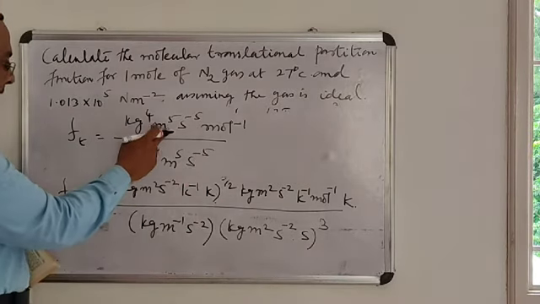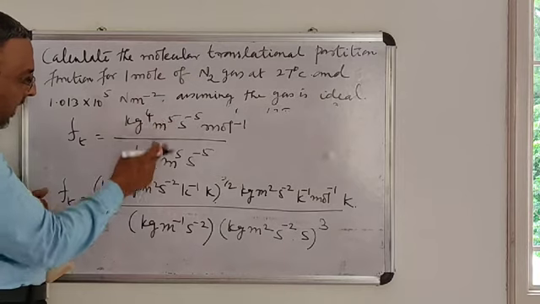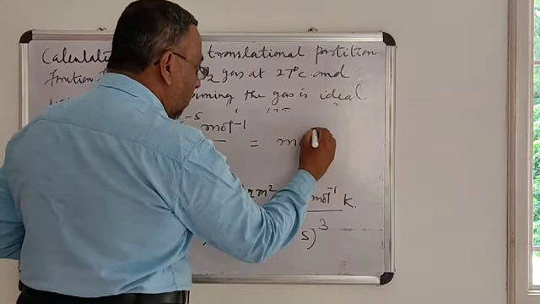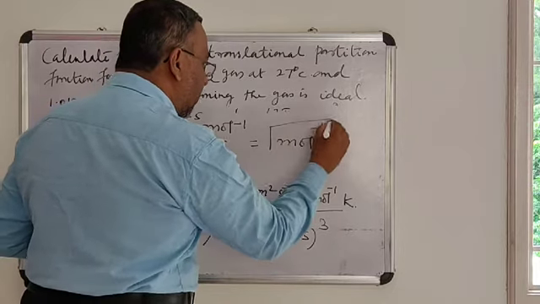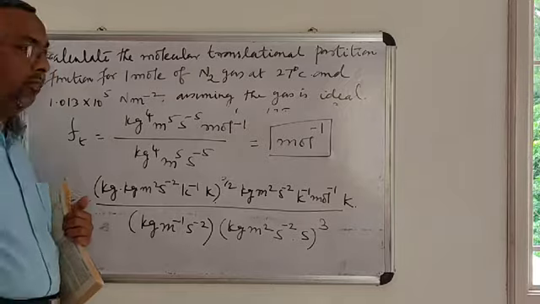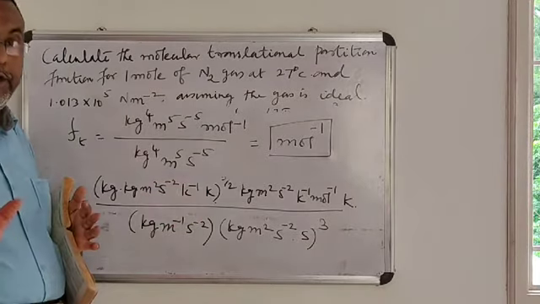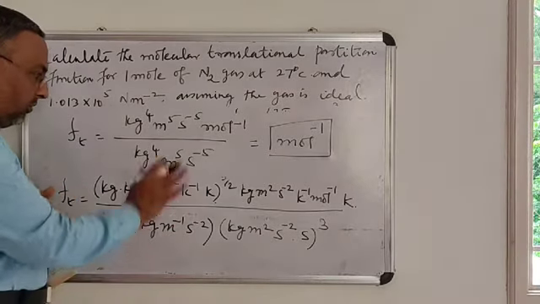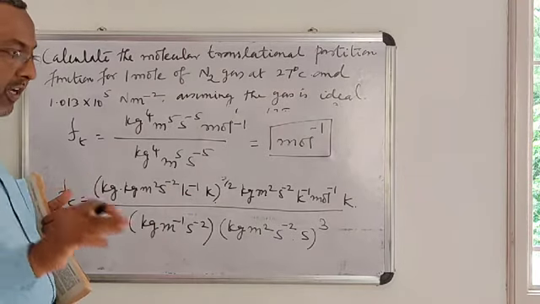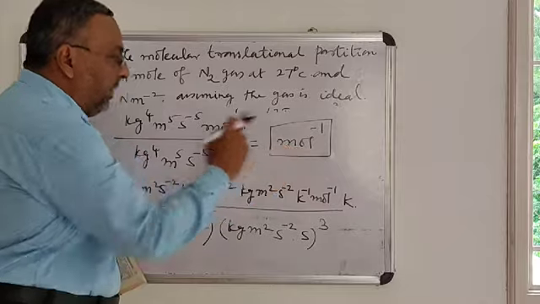Then in the numerator and denominator, all the values will get cancelled. Finally we will get per mole. So this is the unit of translational partition function. Now we have calculated only the units. So the translational partition function has unit per mole.